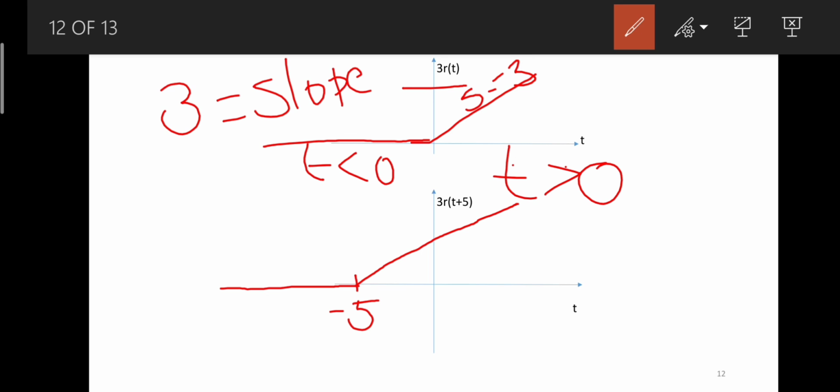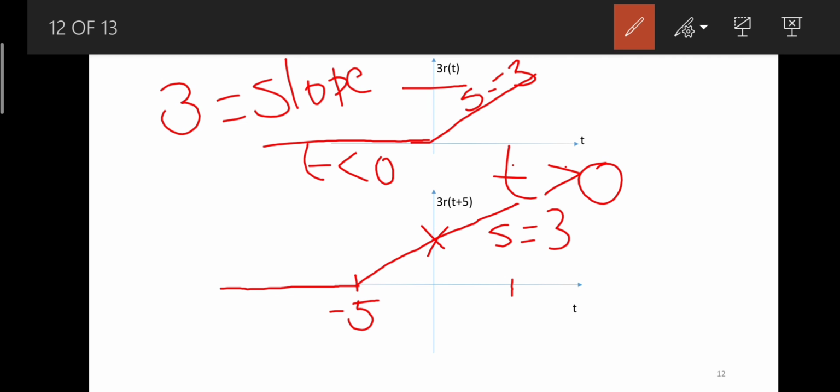Here the slope will be the same, that is 3. That means for each 1 unit change in x-axis, the corresponding change in y-axis will be 3. So we can find the point at which 3r of t plus 5 intersects the y-axis.